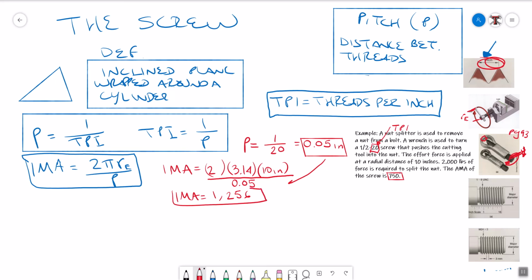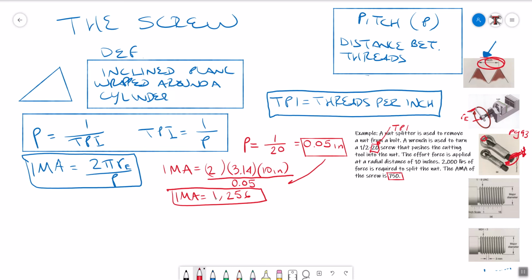Think about it. That is force that has been multiplied by over 1,000 times by using a screw. Because if you try to break that nut with your hands, it's impossible unless you are some sort of a cyborg. You're not going to be able to squeeze and break that metal piece. But if you use the power of a screw, you can multiply your effort.